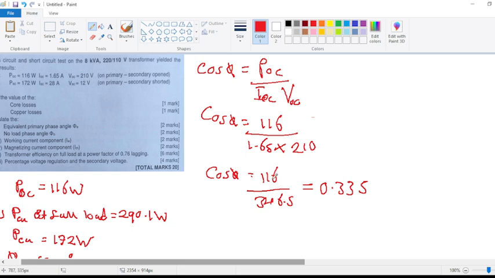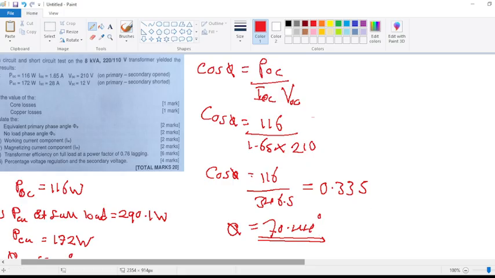Now remember it is the cos of theta, so our no load angle, when you press shift cos, is 70.44 degrees. So this becomes our angle.